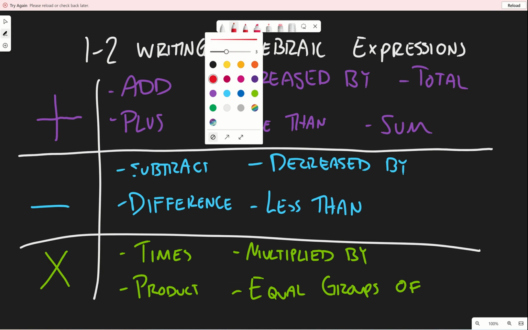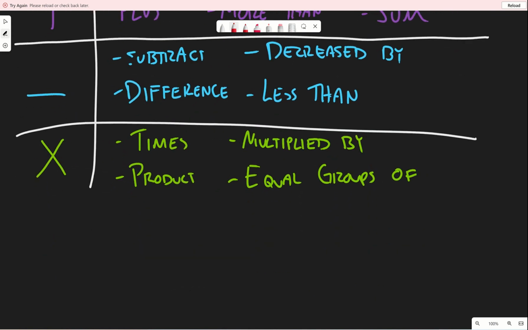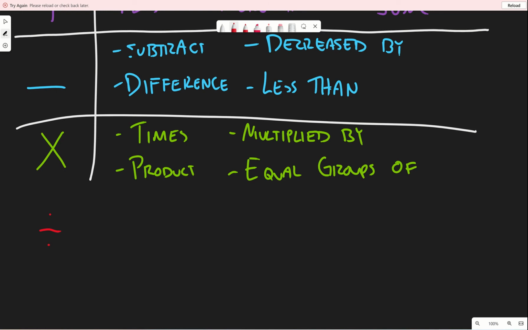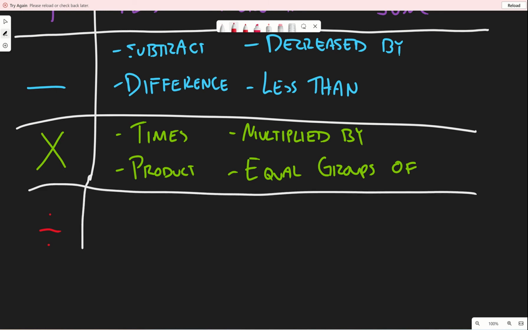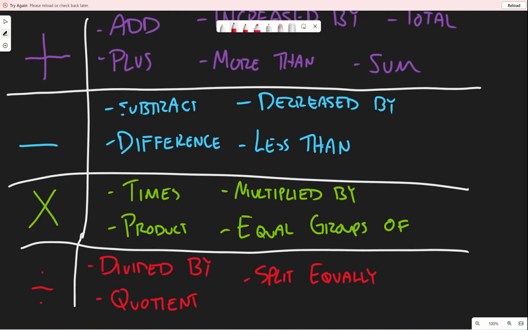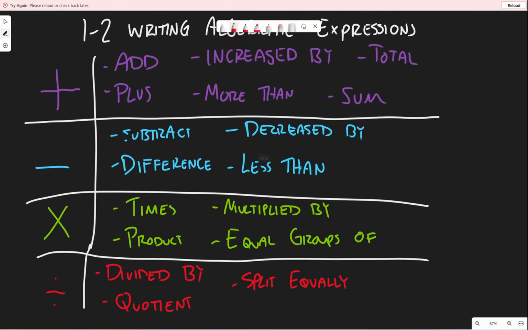And then finally, we will go to our last one, which is division. This is going to be divided by, quotient, split equally, that would mean some kind of division.